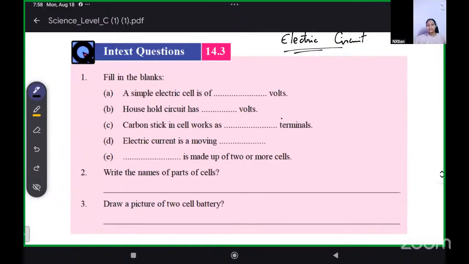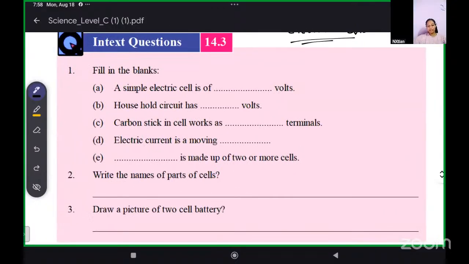Okay, let's try our next question, 14.3. A simple electric cell is of dash volts. Emma.